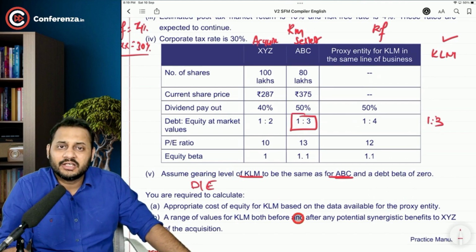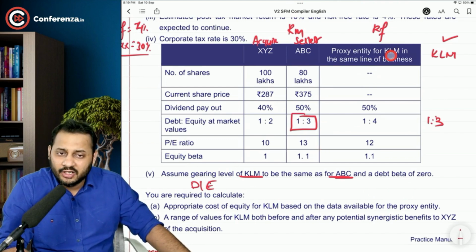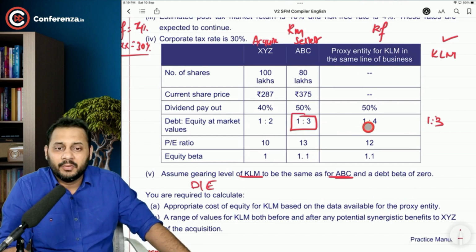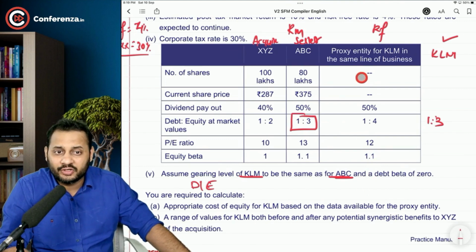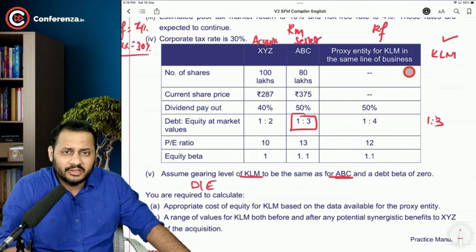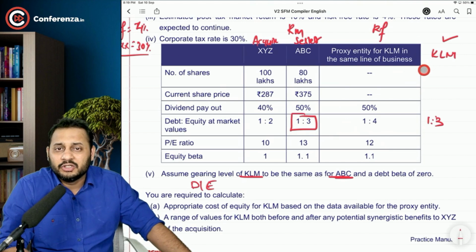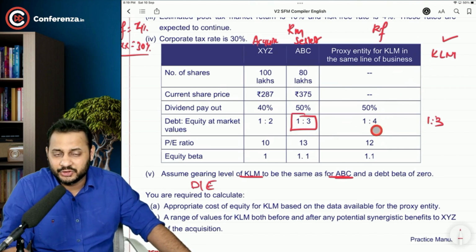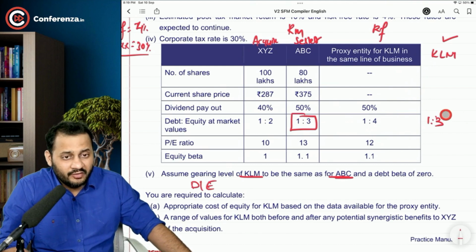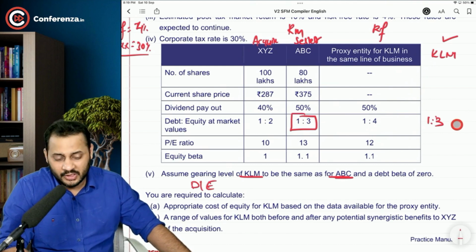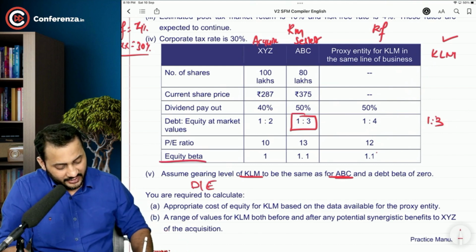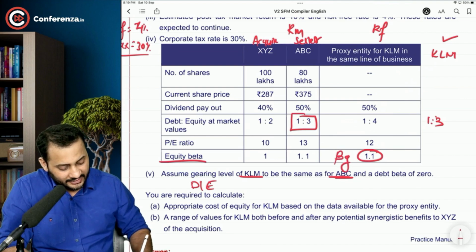Now try to understand once again. We can use the data of proxy company, but the only difference in the proxy and KLM, both of them are in the same line of business. So maximum data will match and we can use the data of proxy for KLM. But the only difference is the debt equity ratio. The debt equity ratio of proxy entity is 1:4, whereas KLM is 1:3. So at the time of using this equity beta, this is called geared beta.